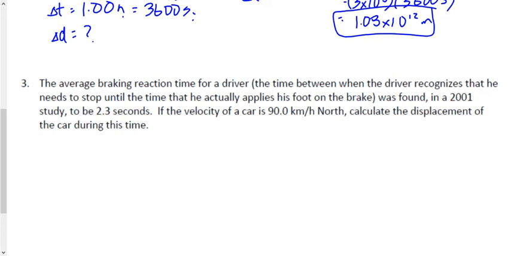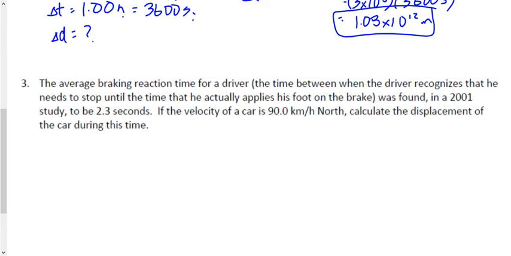I went to put my foot on the brake, and didn't quite get it there in time. Smoked the entire family of raccoons. On average, we don't even begin to slow down for 2.3 seconds. And then once we do start slowing down, it still takes longer to actually stop.